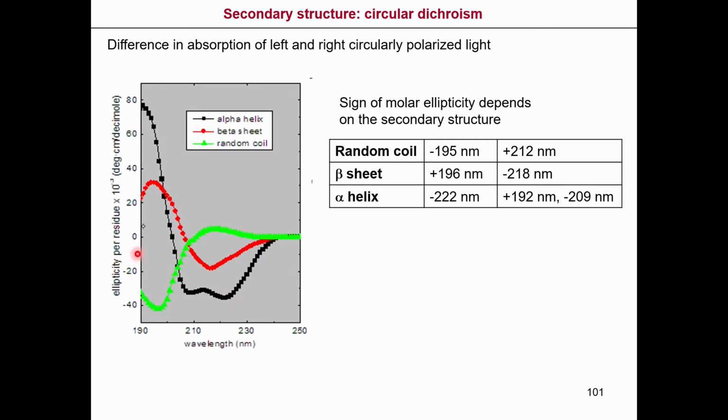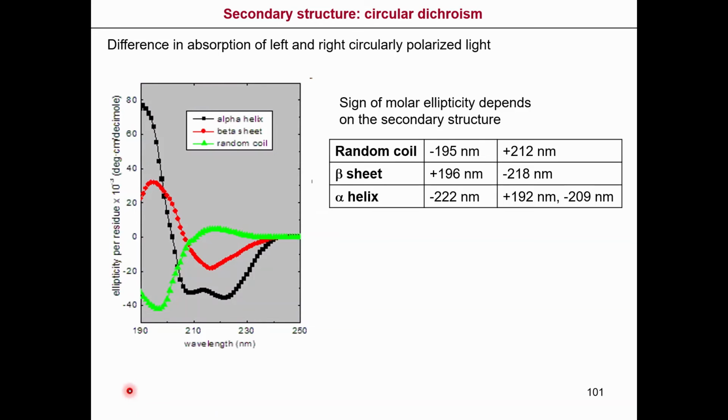Because when you record a CD spectra, you will use software and a computer, and they will calculate the percentage of alpha helix and beta sheet. Okay? No question?